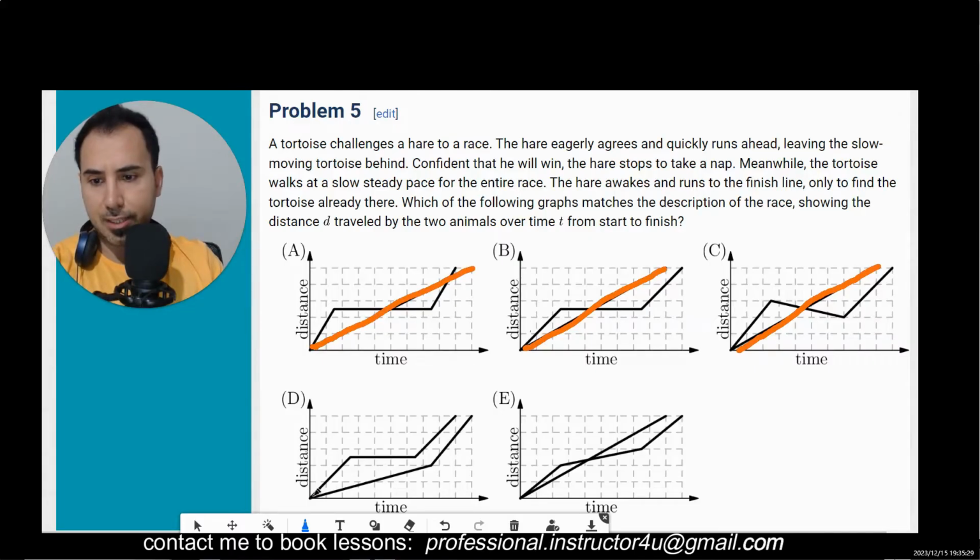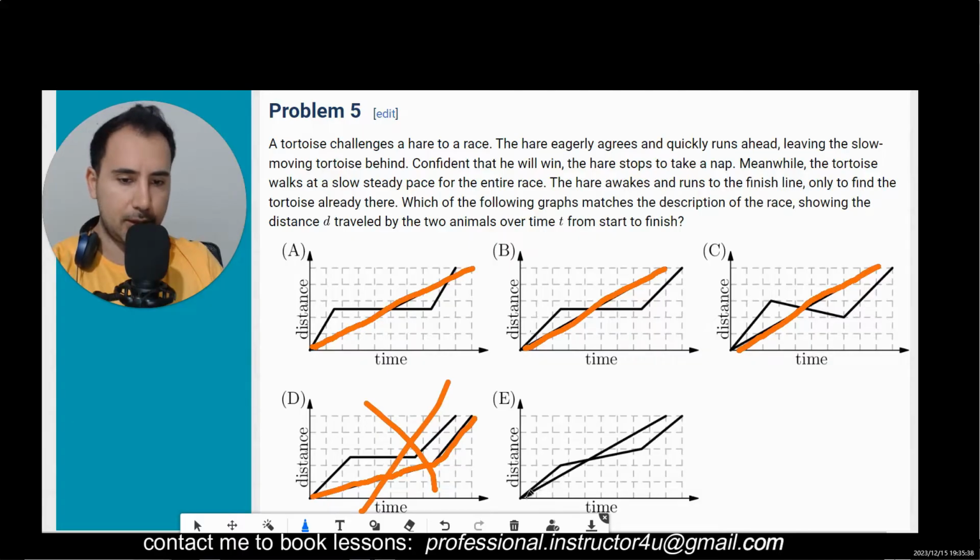Like at this point, even the turtle is changing speed, which is not going to work, right? This one is also the tortoise, right? We have one that is like this. So only D is out with this sentence. D can't be the answer.